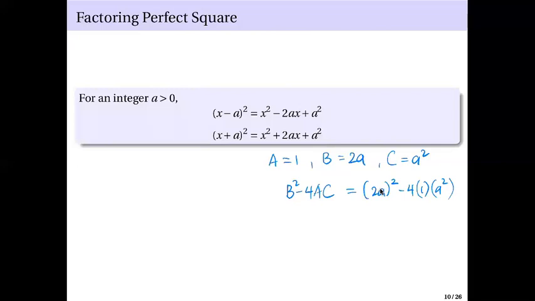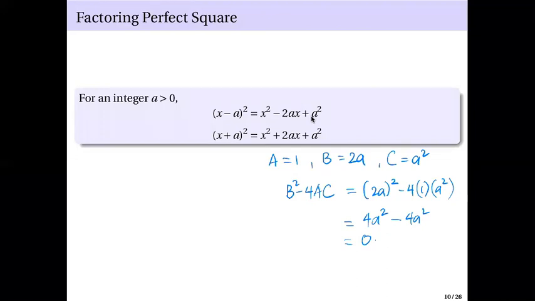But this guy here, what is this? If you square 2a, that's 4a squared, minus 4 times 1 times a squared, that's 4a squared. And this is equal to 0. So this guy here is factorable, and the factor is given by this, for this special trinomial.